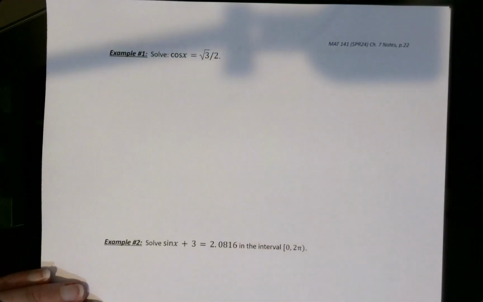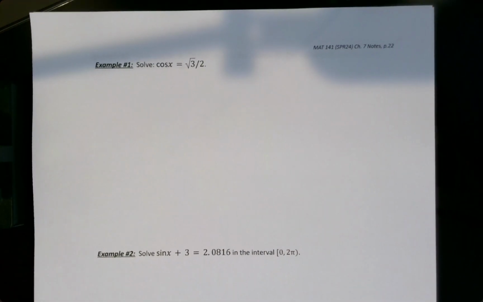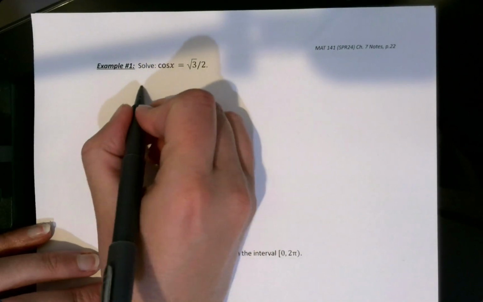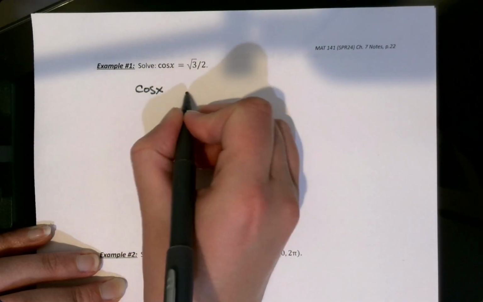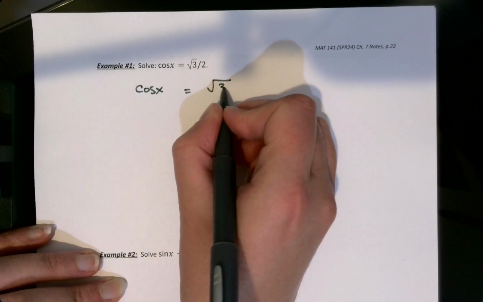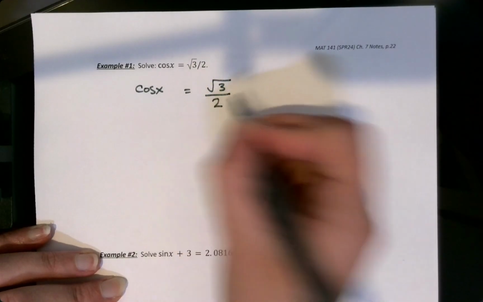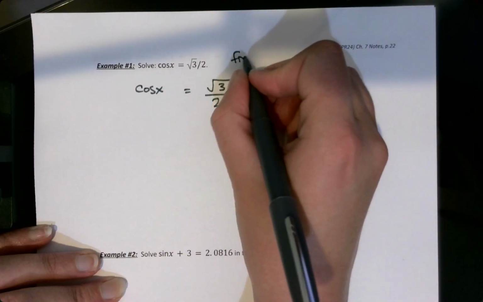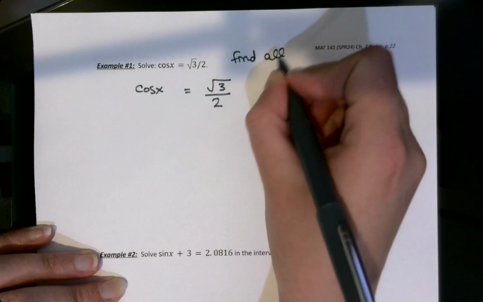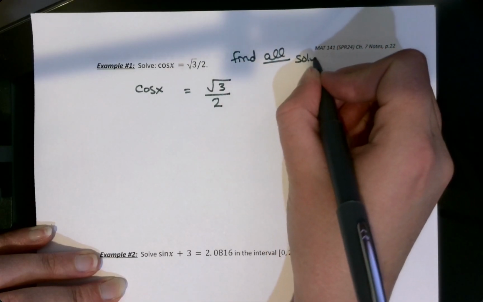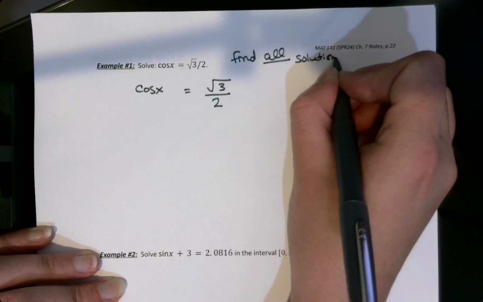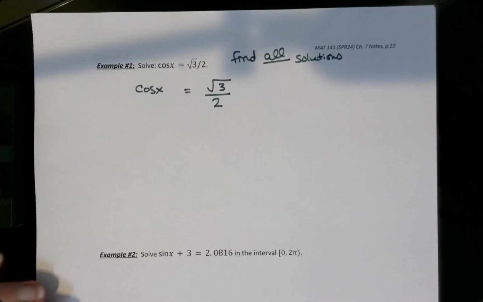All right, so let's go ahead and look at example 1. We want to solve the equation cosine of x is equal to the square root of 3 over 2, and we're going to find all solutions. Now, the cosine of x is by itself.